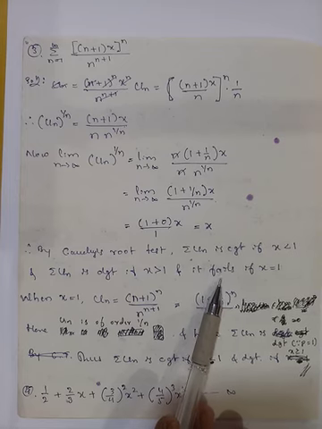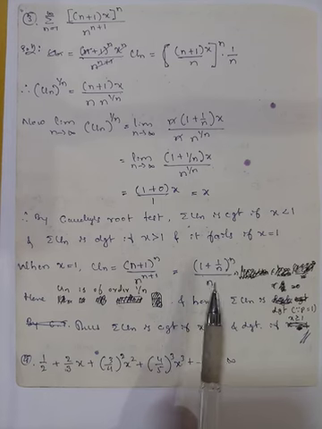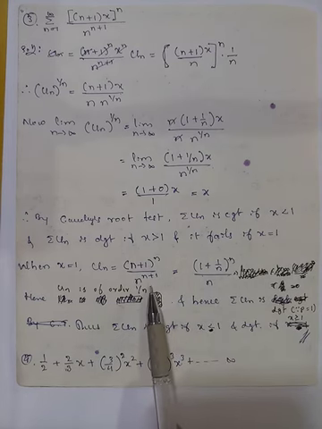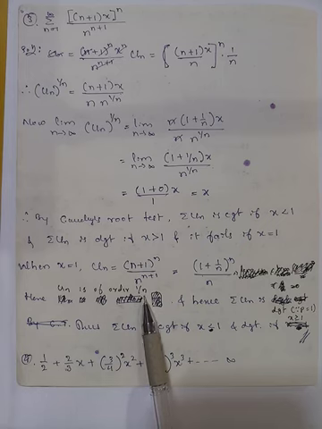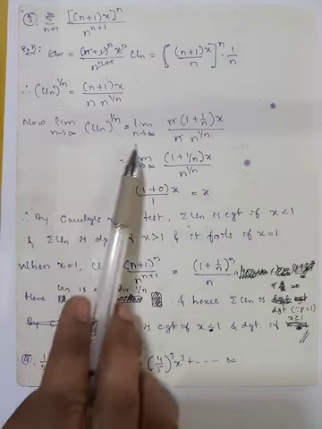When a test fails, I suggested in the beginning, either we apply the comparison test or we apply the fundamental property. So here I applied the comparison test. When x equal to 1, we put x equal to 1 in the un.